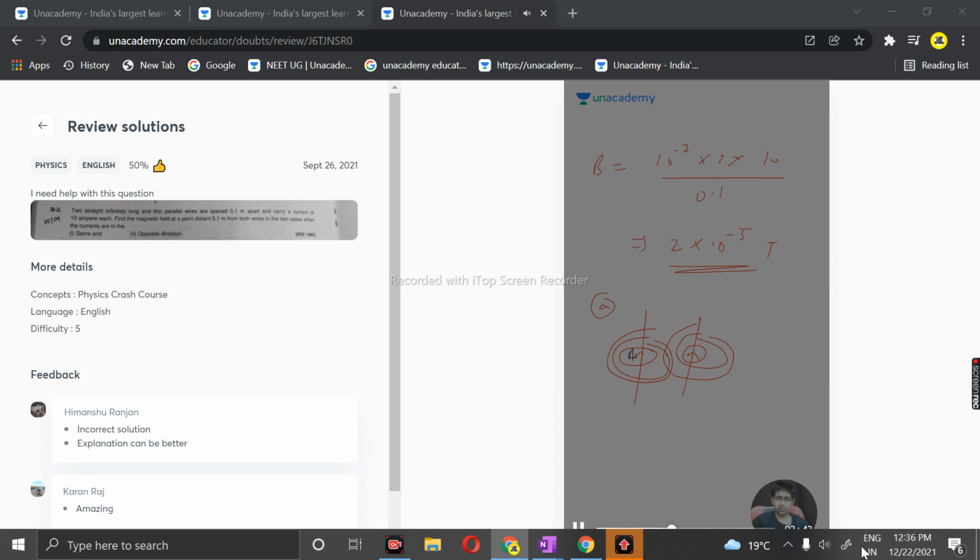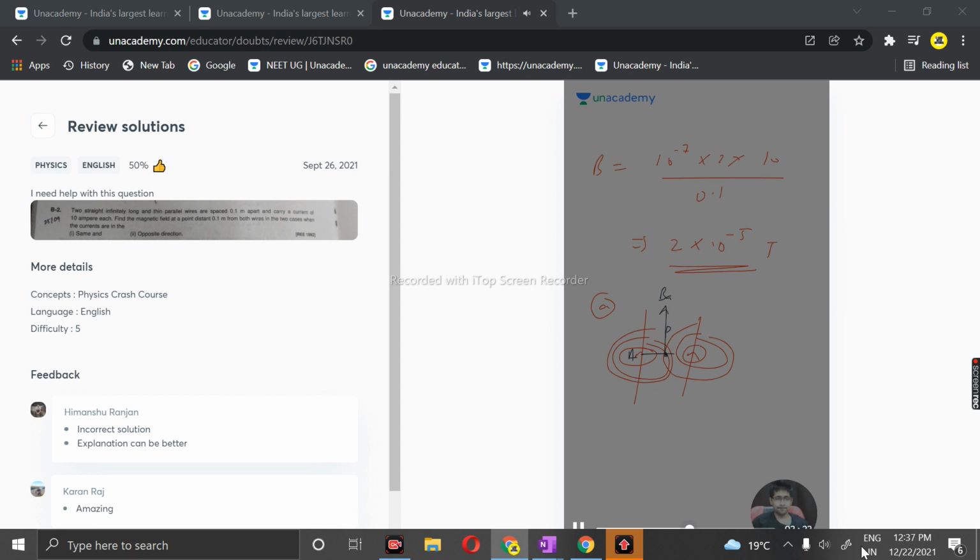This is A, this is P, this is the magnetic field because of A, perpendicular to AP, and similarly for B. So if they are in the same direction, BA and BB, the magnetic fields due to A and due to B, make an angle of how much with each other? That's the case we need to solve.